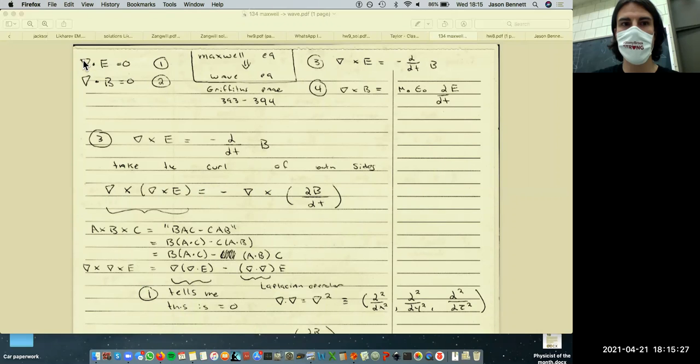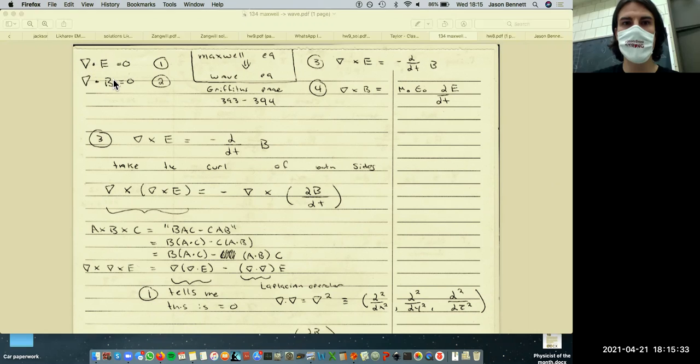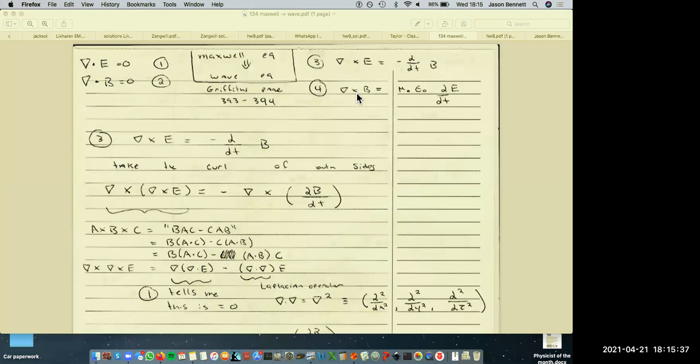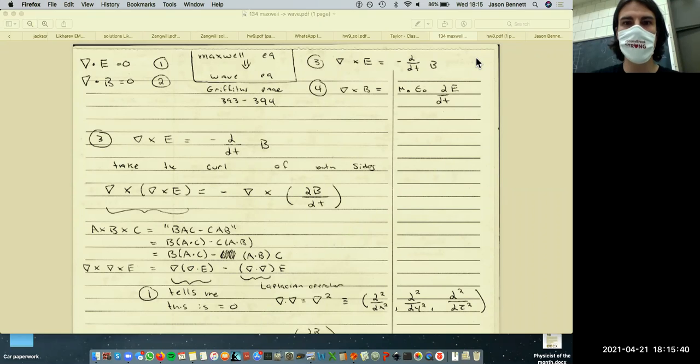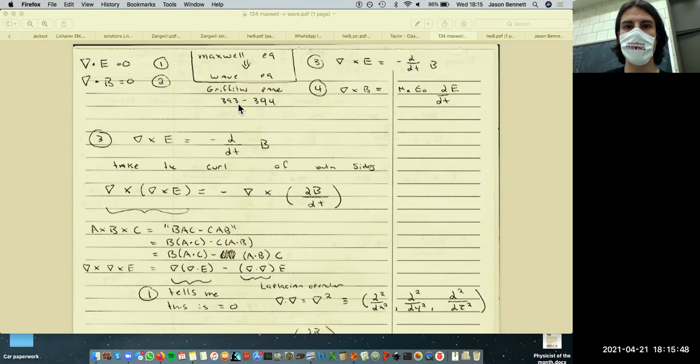Here I have the del operator with a dot, which gives me a scalar quantity. These two equations and these two equations are the whole of Maxwell's equations. I'm going to play a trick here: I'm going to take one of these equations and manipulate it to see what else I can learn from it. This happens in the Griffiths E&M book around these pages.